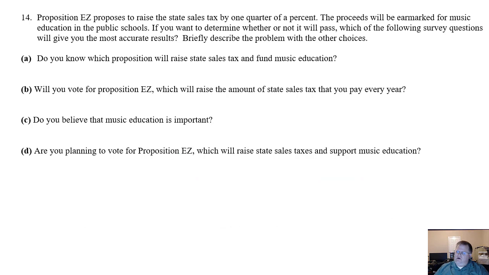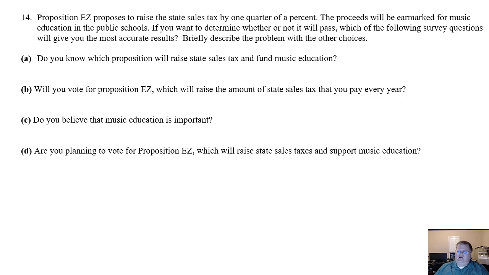The intent in this question is that there's not just a yes or no answer. The intent is to get you as the student to do some critical thinking and actually look at why certain questions are helpful and certain questions are not.